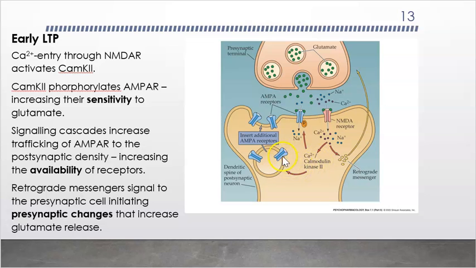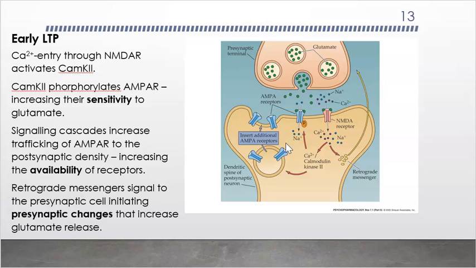So that means we're now going to have more AMPA receptors, and because it's a whole cascade thing happening, these are probably also going to get phosphorylated, which means they're going to be available as well. So now we have more AMPA receptors available, all allowing sodium into the cell. This is all allowing the postsynaptic cell to be depolarized quicker.